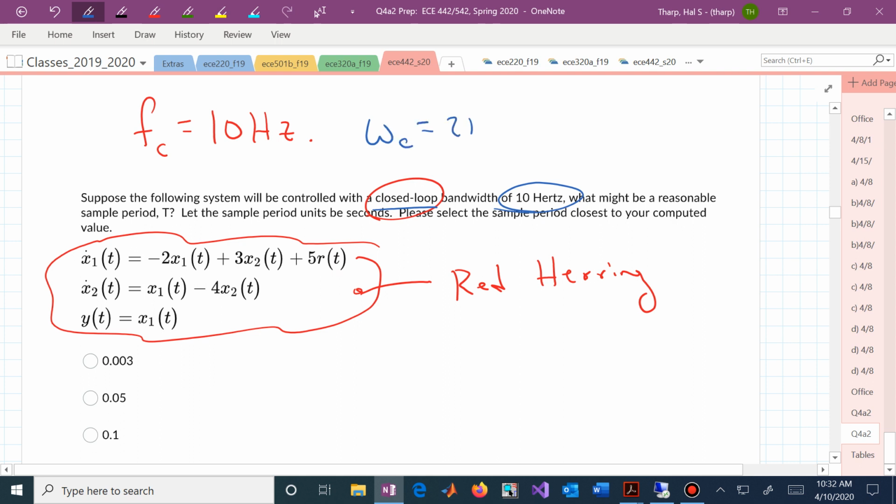And we're used to thinking in terms of omegas. Omega c is now 2 pi fc, and this may have tripped some people up, and I just wanted you to realize that units are important.